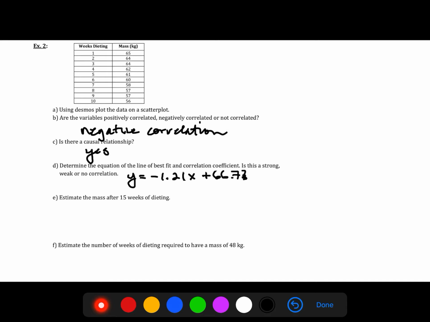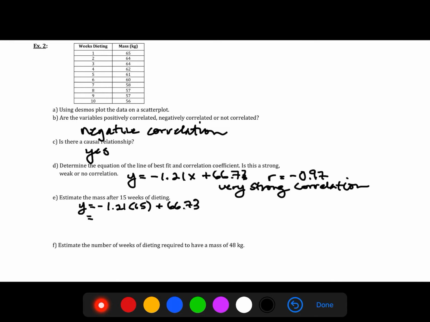Our equation of the line of best fit was y equals -1.21x plus 66.73, and our R value was -0.97. So this is a strong negative correlation, and we can even say very strong correlation. Those variables are strongly correlated.